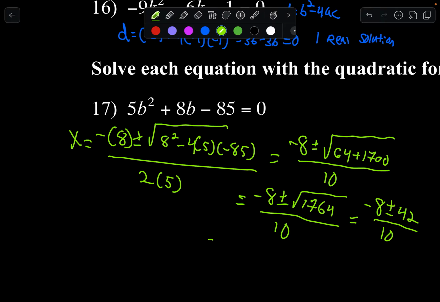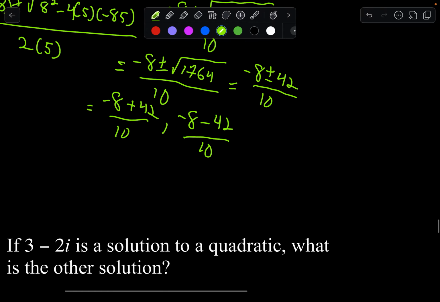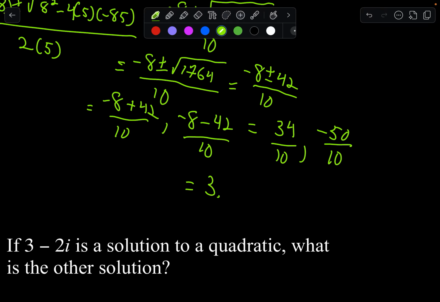So we have negative 8, either plus 42 over 10, or negative 8 minus 42 over 10. Negative 8 plus 42 is 34 over 10, and negative 8 minus 42 is negative 50 over 10, which equals 3.4, comma, negative 5. Okay, and there you go.